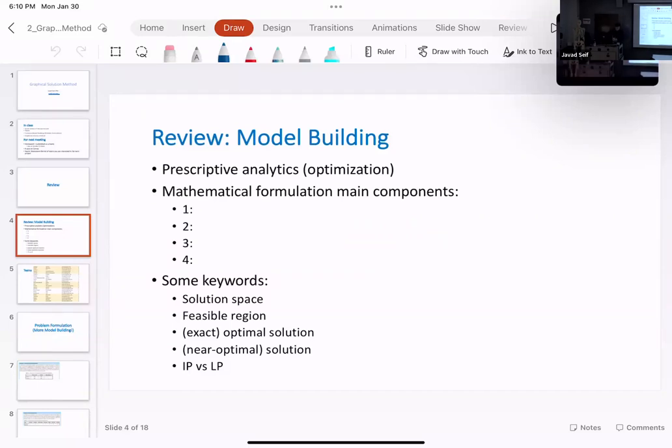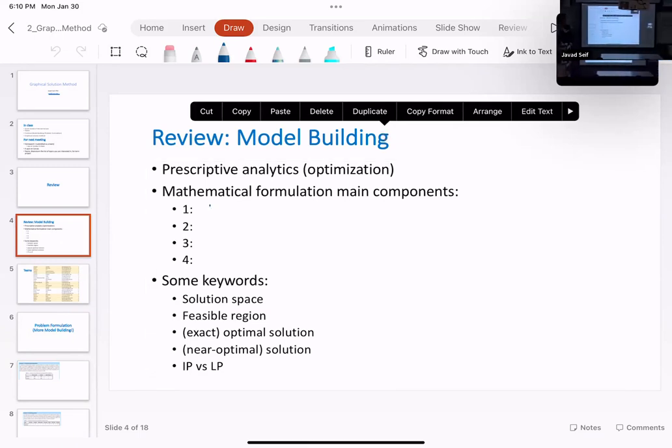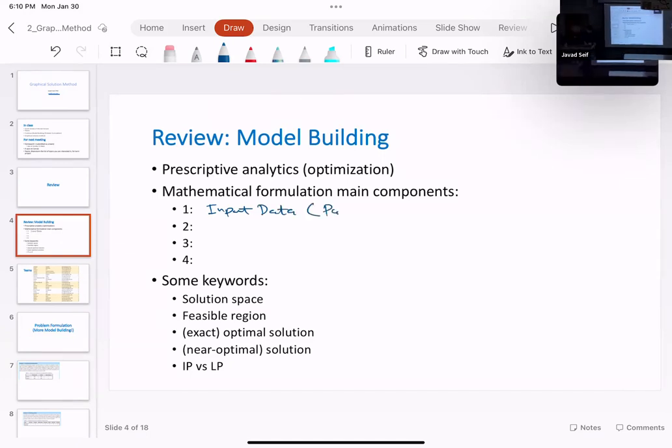So we also talked about optimization being a prescriptive analytics. We mentioned that each mathematical model has four main components. One was the input data, which we call parameters.